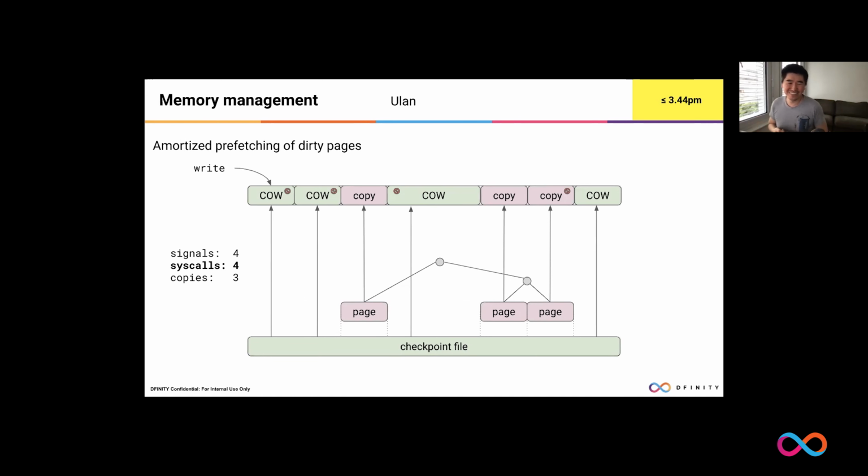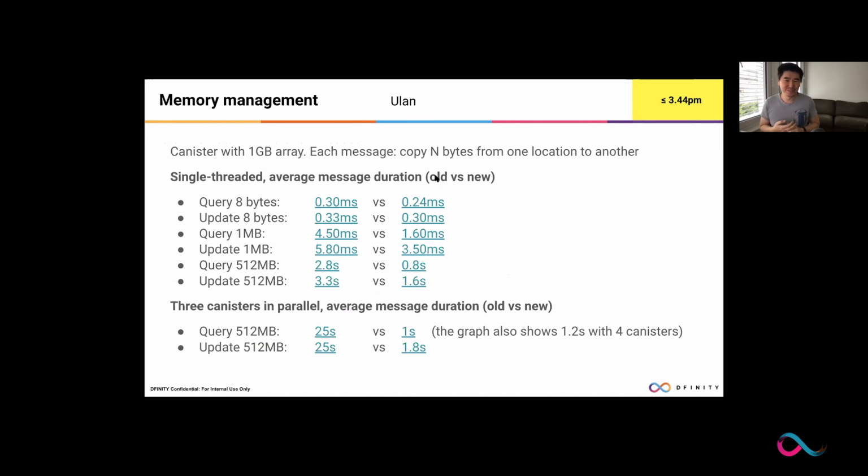This next slide shows the results. The actual problem that I mentioned at the beginning, where an update call was taking 25 seconds with 3 canisters, is solved. Now it takes 1.8 seconds. And for the single-threaded case, there are still improvements.